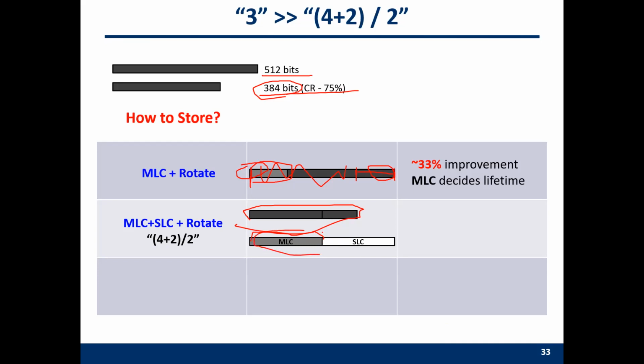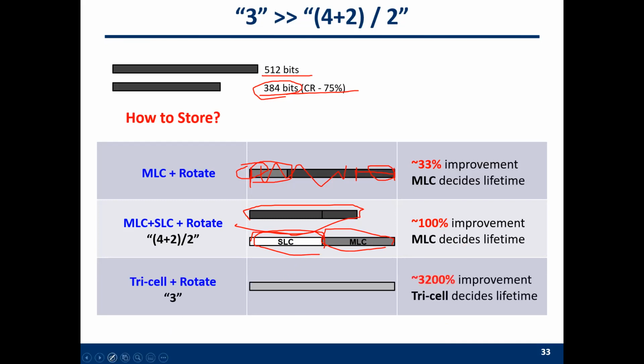And of course, the multiple level cell will die much earlier than the single level cell. And you can also do the rotation like this. Because you only use 50% of the cells as multiple level cells, you actually improve the lifetime by double, by 100%.